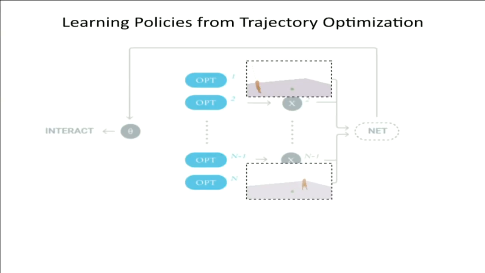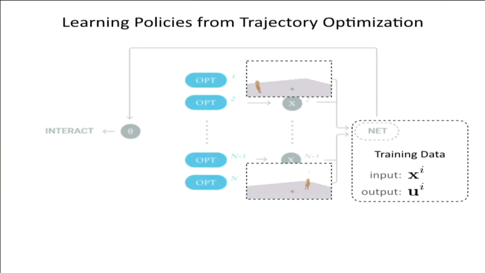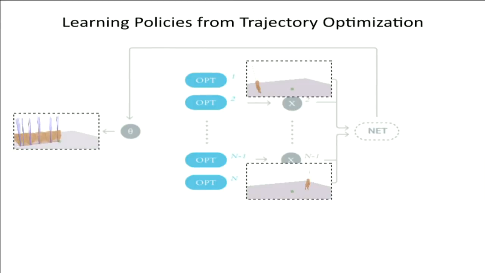You're going to run a trajectory optimization problem for each of these possible tasks, collect all the state and action pairs from these resulting optimal trajectories, and again train, say, your neural network to map between the two. And hopefully find policy parameters that generalize to in-between problems, like moving backward 0.5 meters instead.